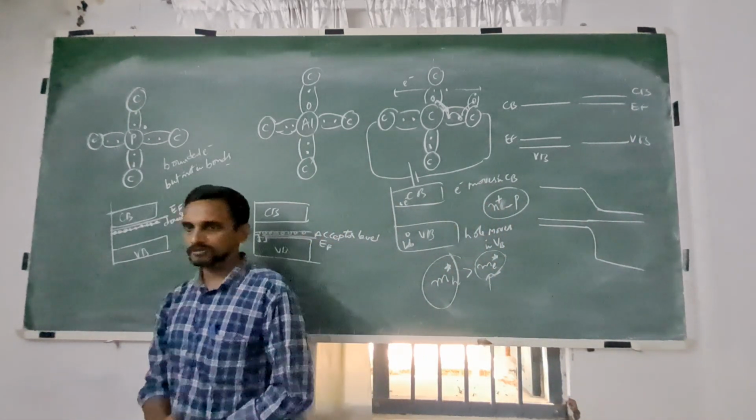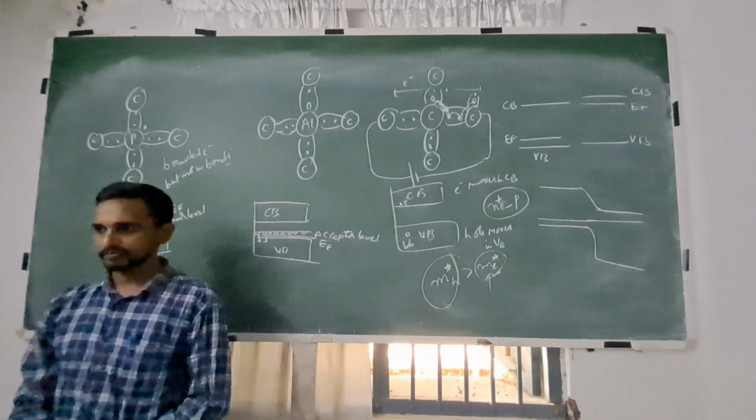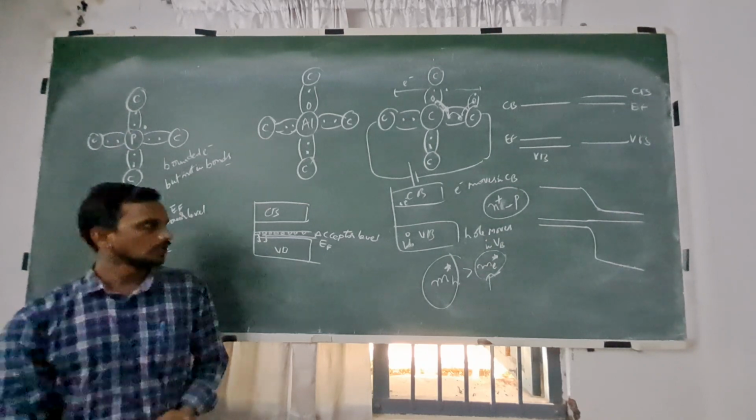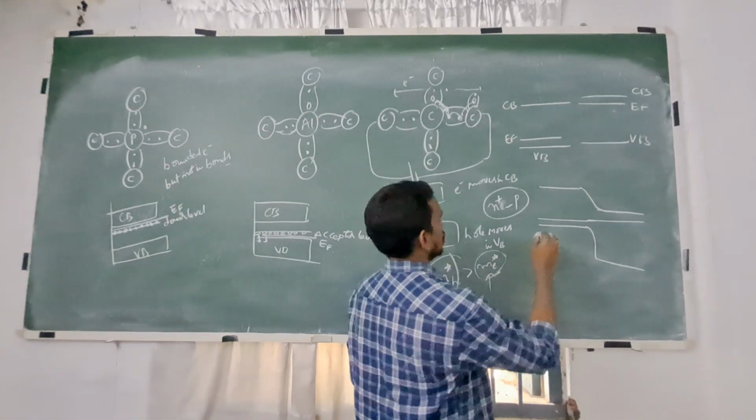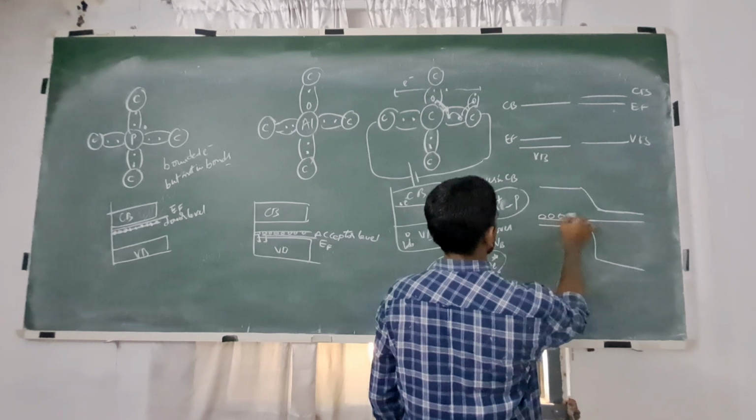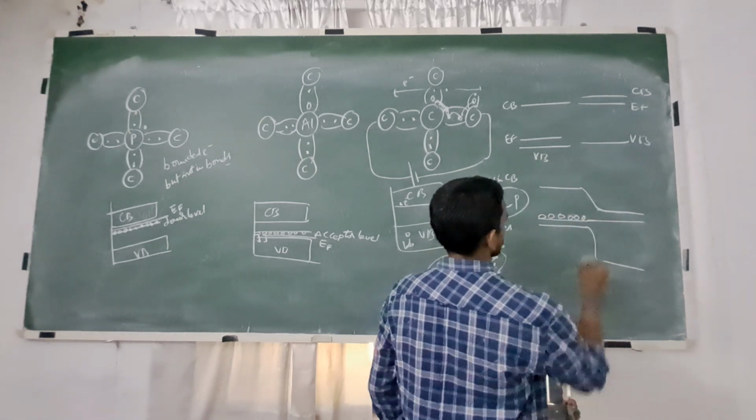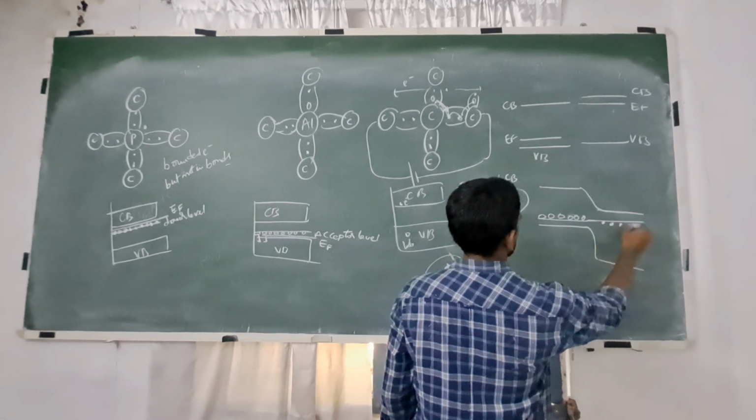This is the band diagram for the PN junction. And here we have holes, and here we have electrons.